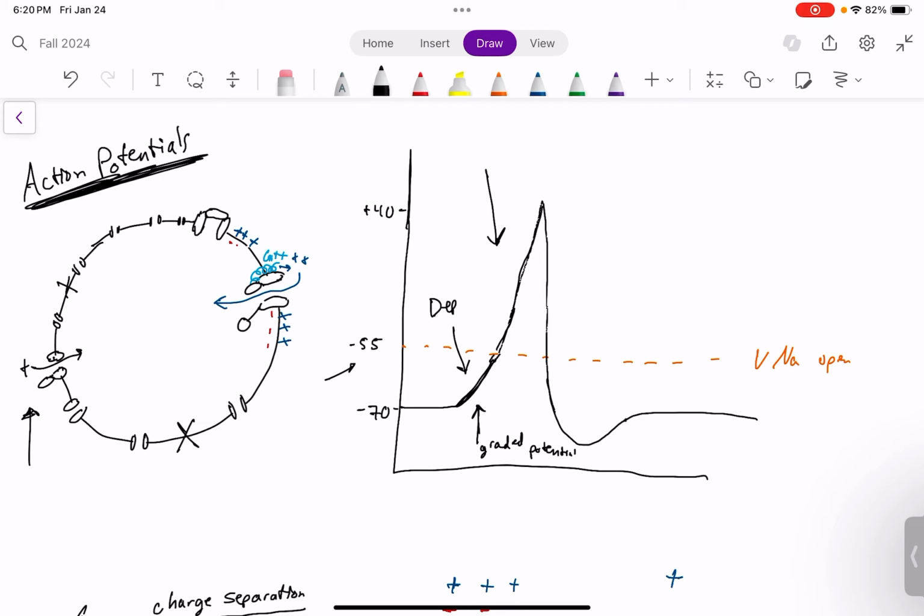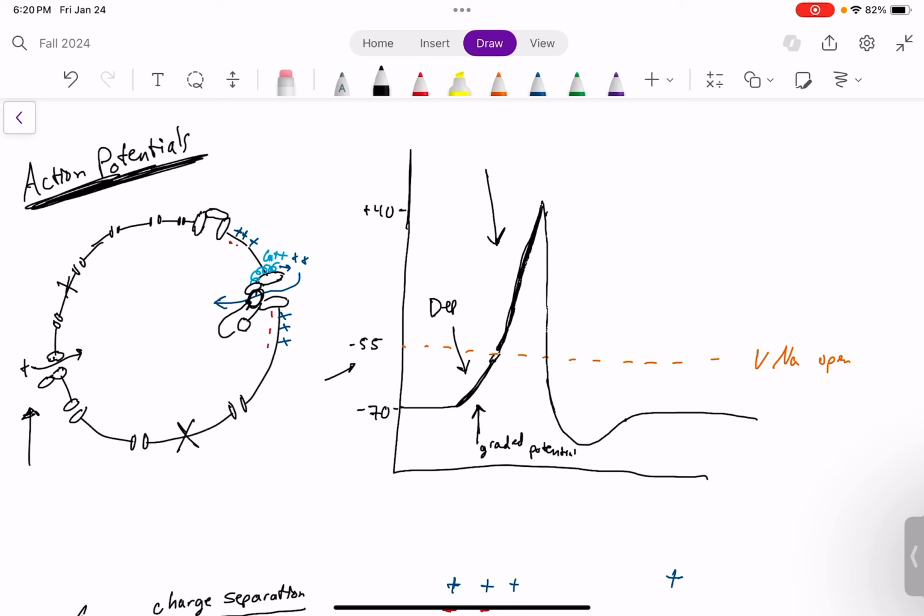And then what happens is this ball right here actually swings in and sits right here and deactivates that channel. So it's open for a few milliseconds to allow a rush of sodium, and then it closes. And that's what causes this sharp incline, this big depolarization right here.